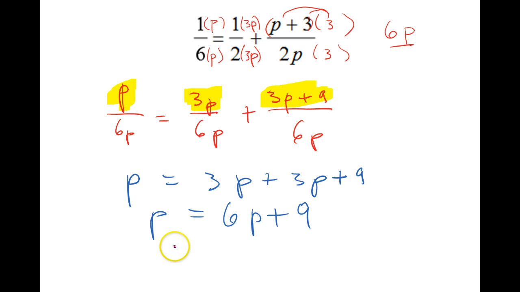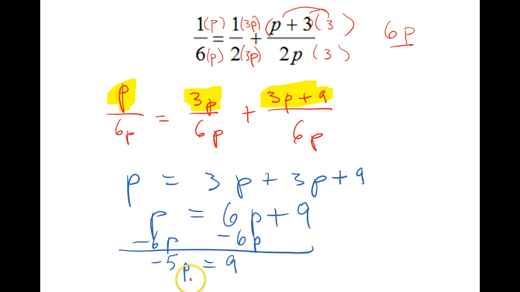I'm going to subtract 6p over to the left side. Now we'll have negative 5p equals positive 9. Divide by negative 5, and I'll have p equals 9 over negative 5.